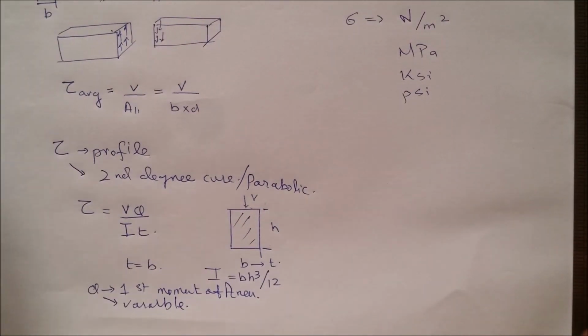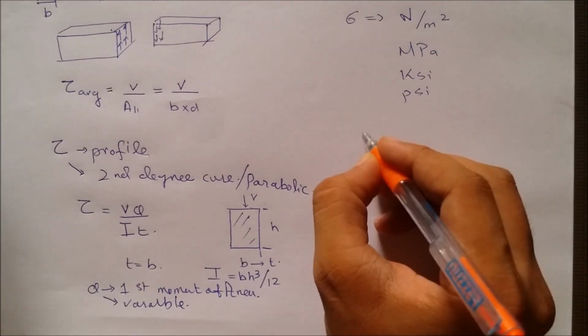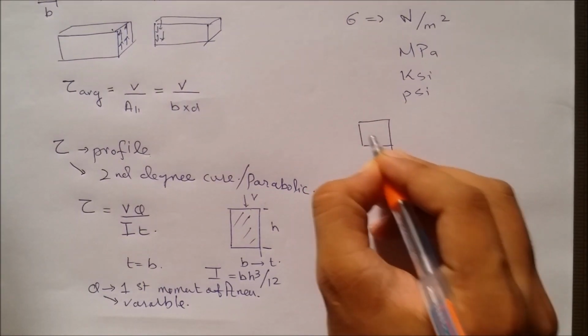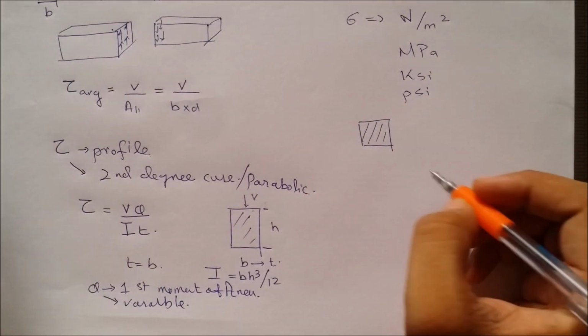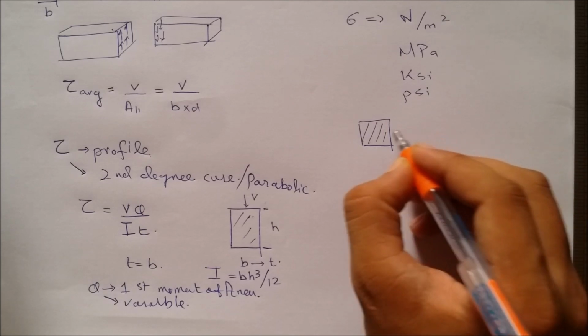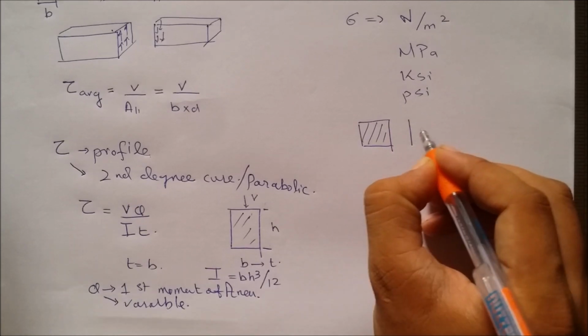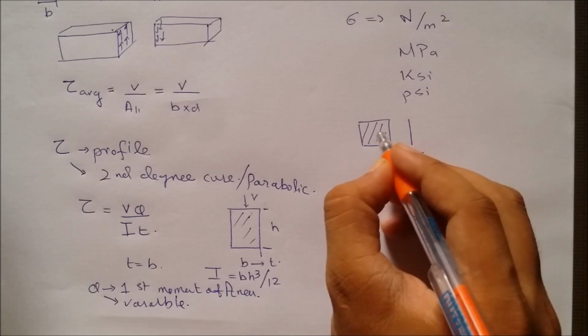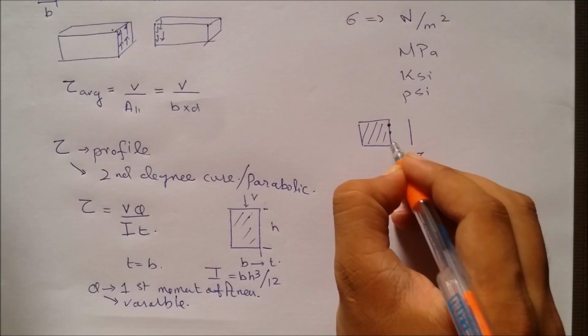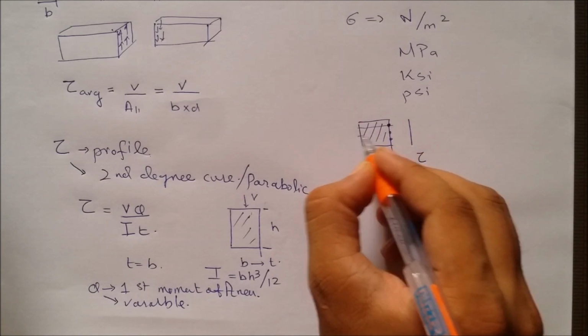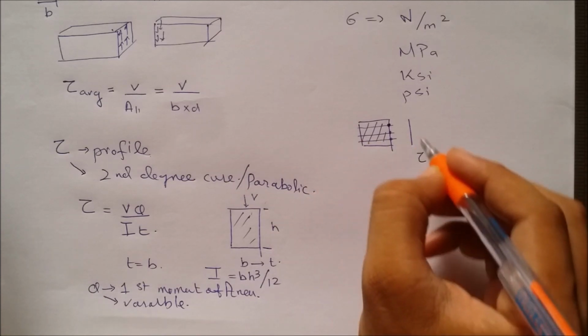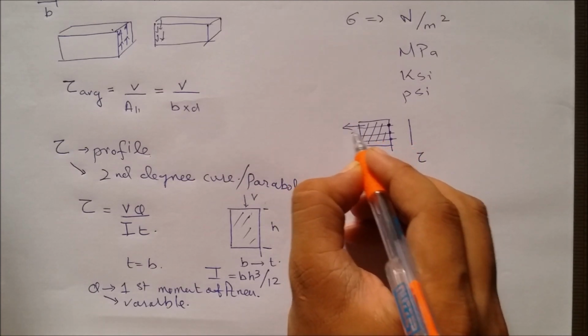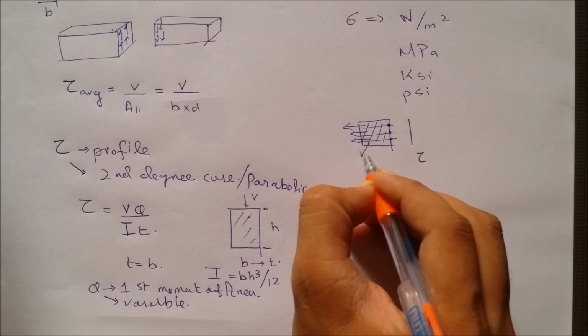The important thing to keep in mind while drawing a shear stress profile is, for instance, let's assume a cross section. In order to draw a shear stress profile, we need to select multiple points on the cross section so that we get multiple values of VQ over IT.